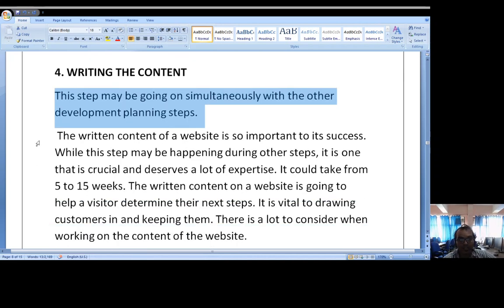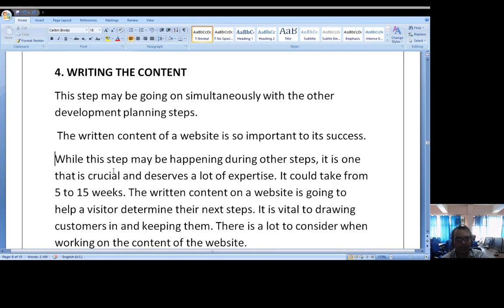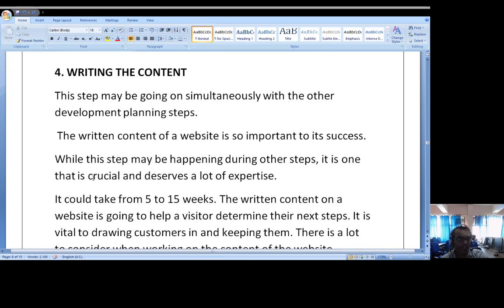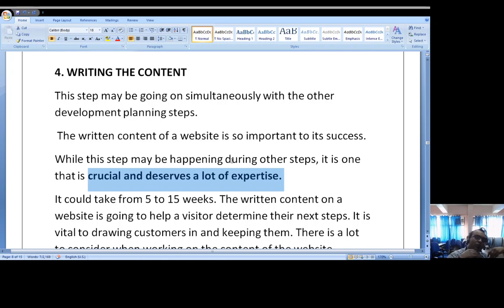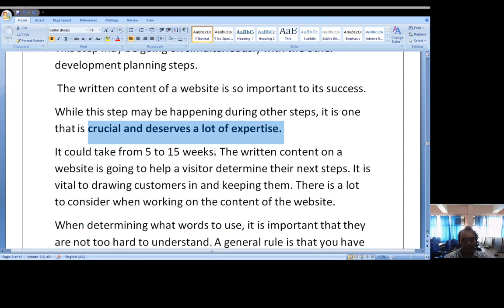The written content of a website is so important to its success. While the step may be happening during the other steps, it is one crucial step which needs a lot of expertise, because if we use jargon rather than simple steps, that is no use. And usually it takes 5 to 15 weeks.